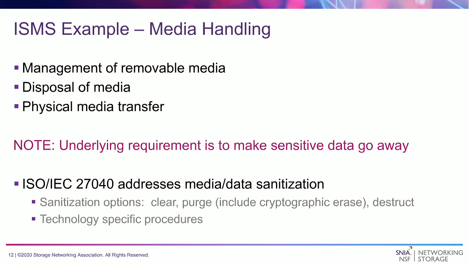There are different options for clear, purge, and destroy. You may have heard of, well, I can get rid of things by using encryption and destroying the key. Something of that nature is called cryptographic erase, which would be a purge mechanism. And the standard does go into very technology-specific kinds of things, including paper, because paper is considered a form of media.